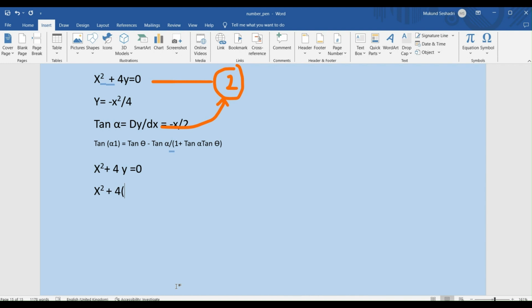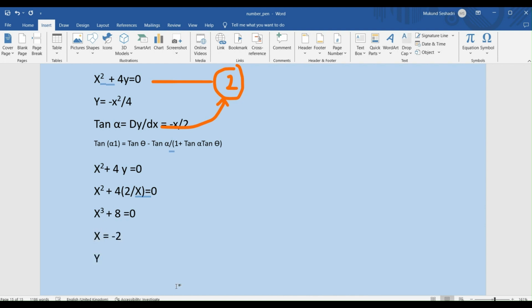So xy equals 2, so y equals 2 divided by x, equals 0. And then I have x to the power 3 plus 8 equals 0, which means x equals minus 2, right?